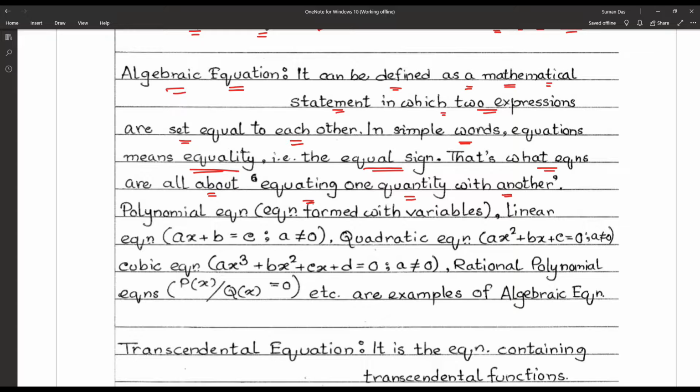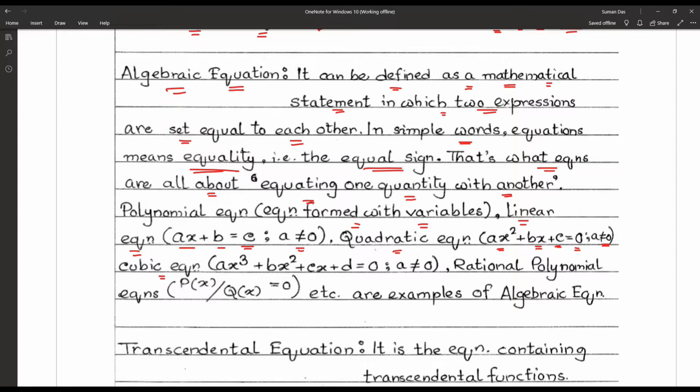The polynomial equation is formed with variables. A linear equation like ax plus b is equal to c where a is not equal to 0. The quadratic equation such as ax square plus bx plus c is equal to 0 where a is not equal to 0.